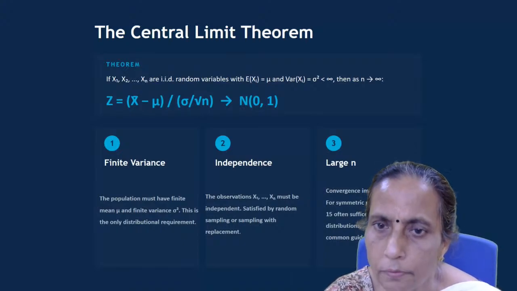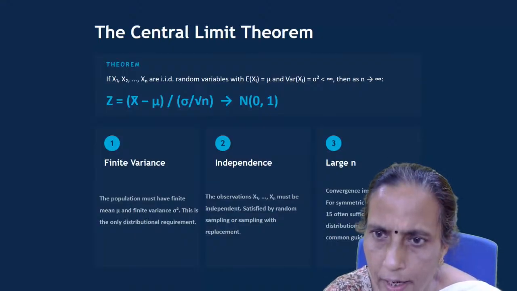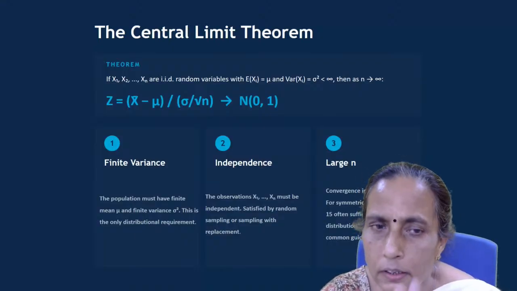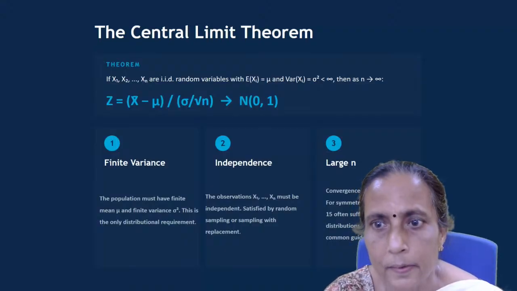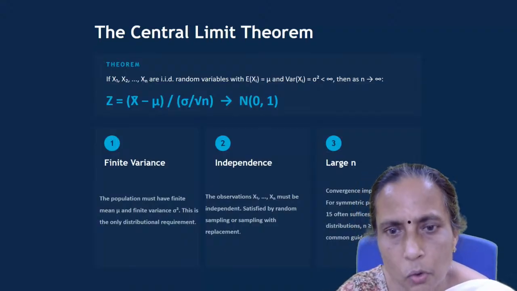That means the variance is finite, and the size of the sample n tends to infinity.